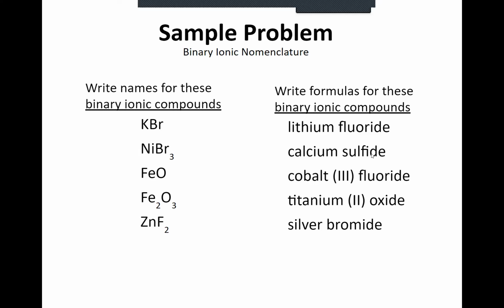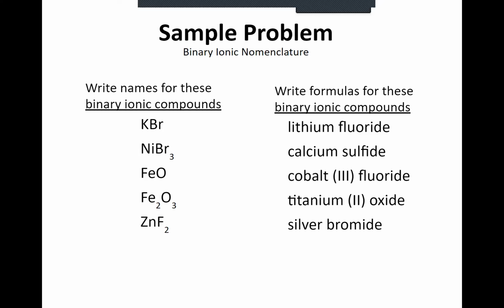Next one, calcium sulfide. Sulfide is the "ide" ending for sulfur. So we're going to look for calcium and sulfur on the periodic table. Note which column they're in and the charge for those columns. Calcium's in column 2, so it carries a +2 charge. Sulfur, column 16, it's right below oxygen. That's the column that has a -2 charge. Now, don't get confused.